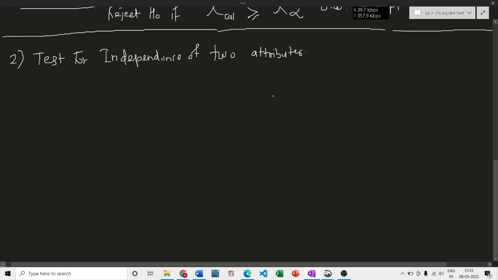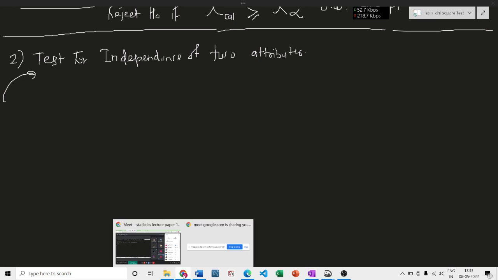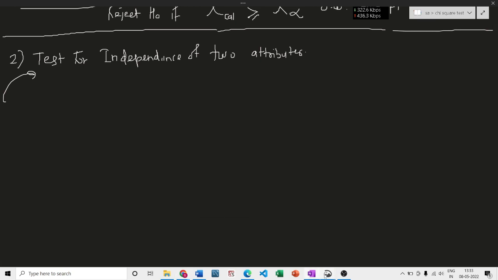Here we will see an example on this basis, because you will get the proper idea after seeing the example. So I will take that example now.